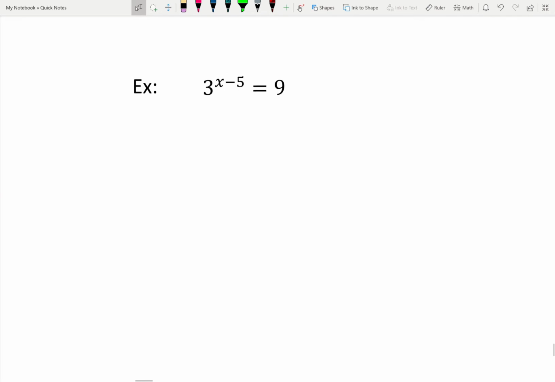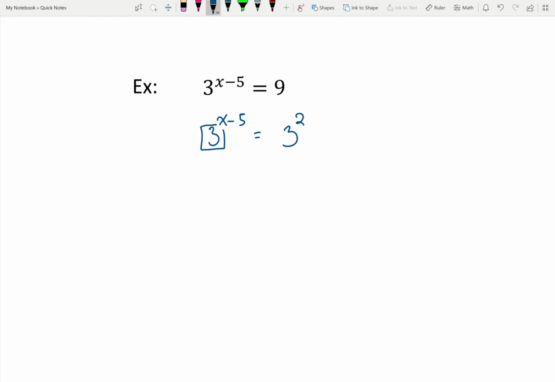All right, so here's another one. We have 3 to the x minus 5 equaling 9. Whenever you have a question like this, the first thing you want to ask is, how can I write both sides with the same base? Well, I know I can write 9 in terms of 3, right? Because I know 3 squared is equal to 9.